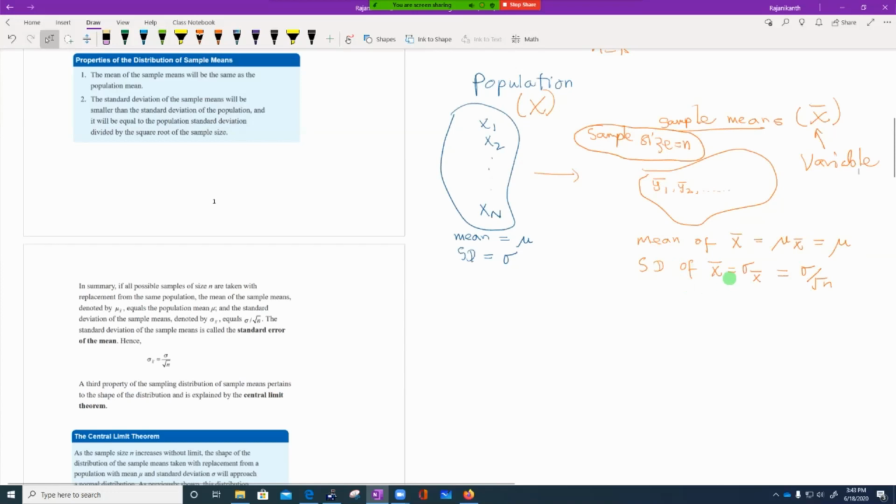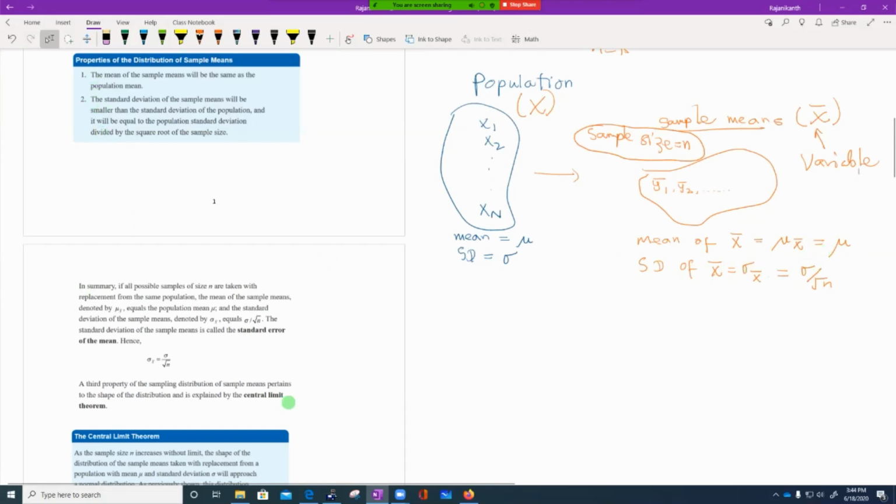And the standard deviation of x bar, which we denote by sigma sub x bar, is always equal to the population standard deviation sigma divided by the square root of your sample size, little n. So these are the two properties we have.